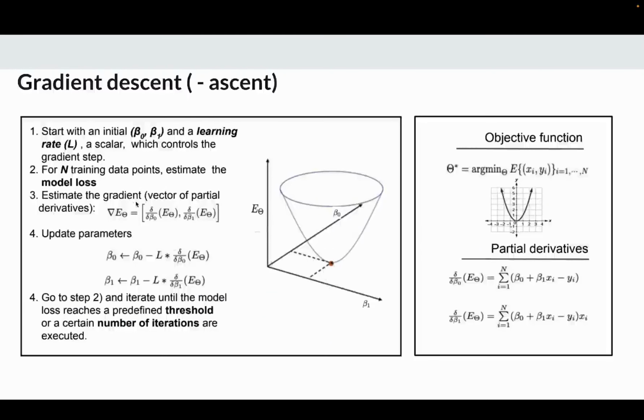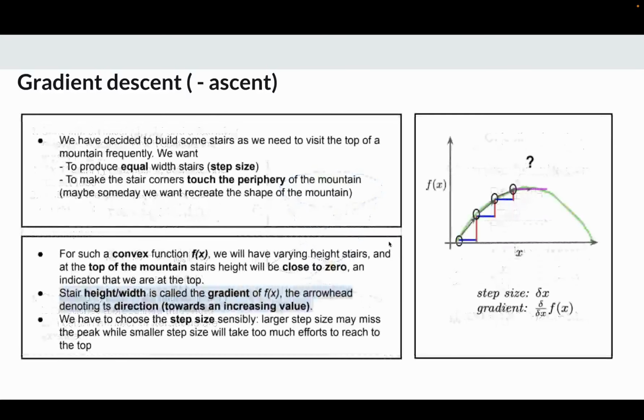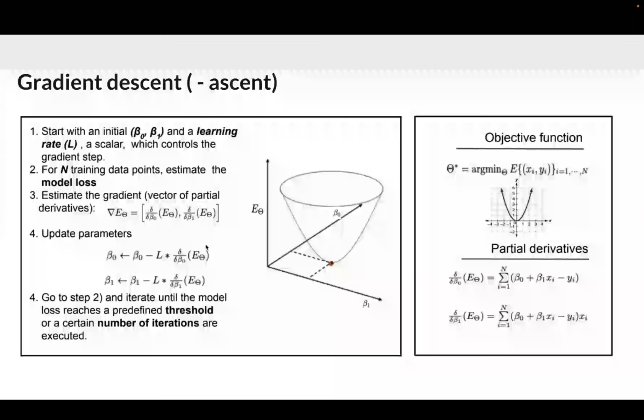And the algorithm looks something like this. You start with an initial beta 0 and beta 1, and you select a learning rate. Learning rate means your step size, and you estimate your loss, and you estimate the derivative. Then you will know which direction you need to move, and here you do a partial derivative.